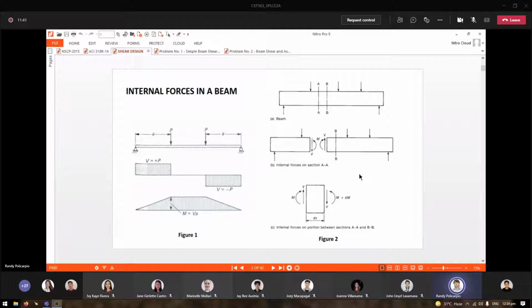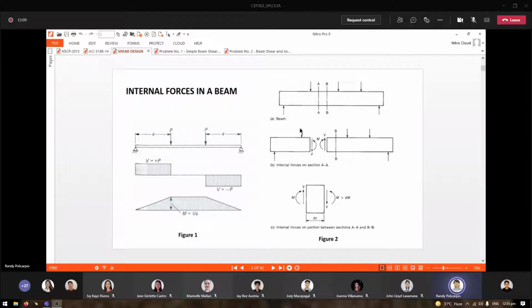Now, another way of knowing our internal forces is if we cut our beam like in figure 2. If we cut it at section A and consider the left part, we draw the free body diagram.